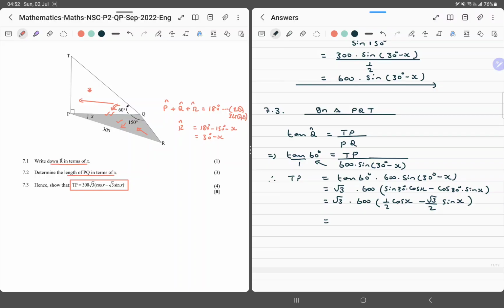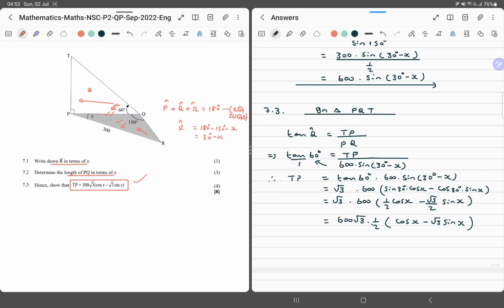And we FOIL stuff out, or what we can do, we can see that half is still a common factor there, right? Because we want it to look like that. So we are going to get ourselves here. We can put the number in front, 600 root 3, and then we factor out a half here, times a half into, now we get cos x here minus root 3 sine x.